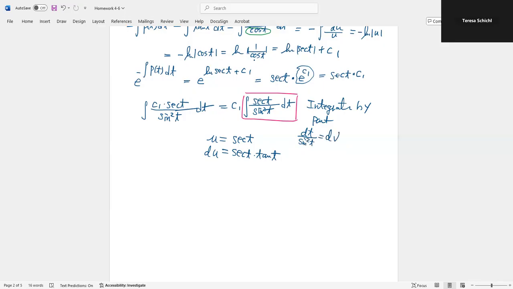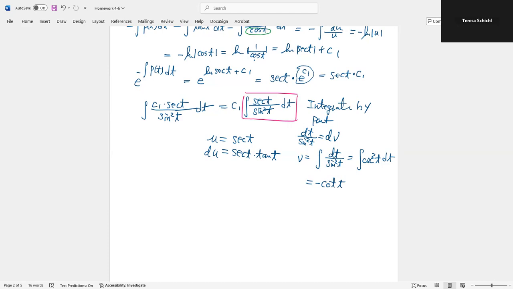Then I integrate to get v, which is the integral of dt over sine squared t. So 1 over sine squared t is cosecant squared t dt, and the integration of cosecant squared is negative cotangent t, so v is going to be negative cotangent t.